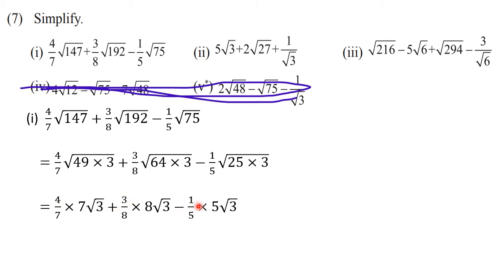That is the rational part, that we will write in a bracket. And outside we will write the irrational part, that is common. So 4 plus 3 plus, I'm sorry, minus 1. So 4 plus 3 is 7. 7 minus 1 is 6. So our answer is 6 root 3. Got it?